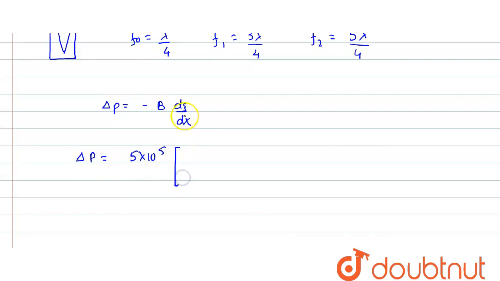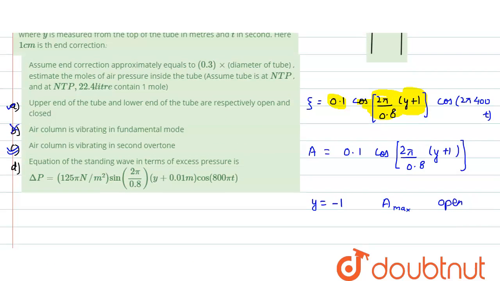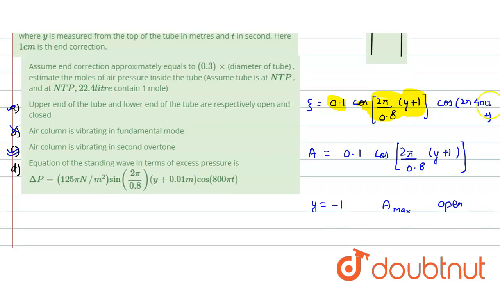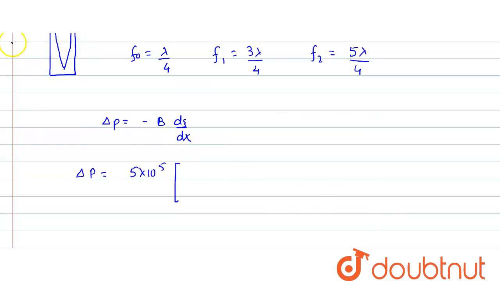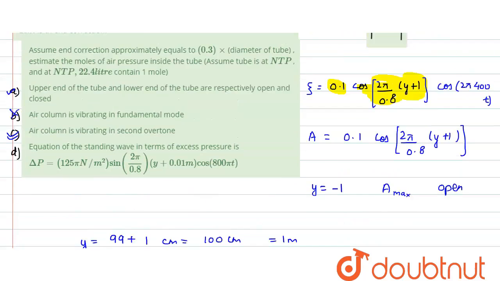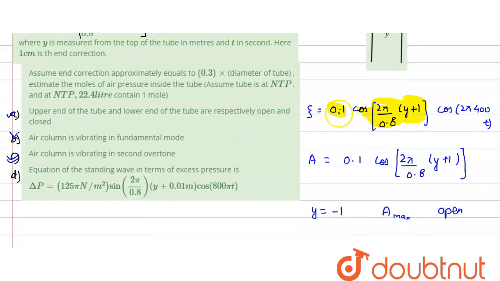If we differentiate our displacement equation d zeta by dx, but here it is given in terms of y, so we differentiate with respect to y. The first factor is unchanged.